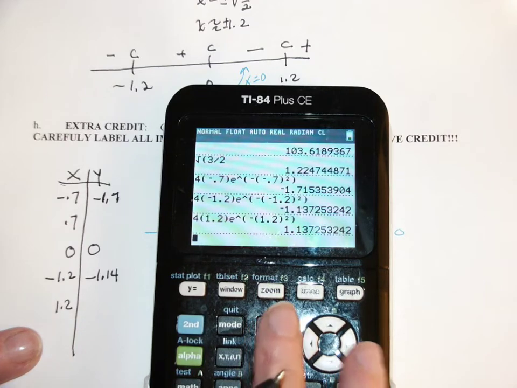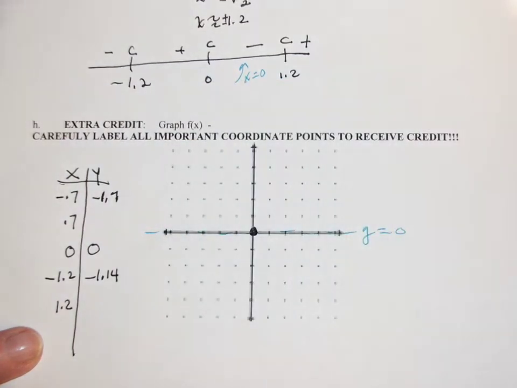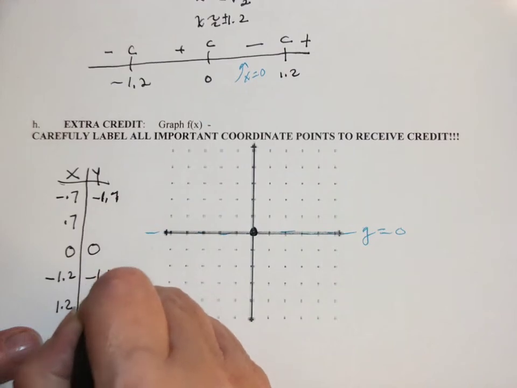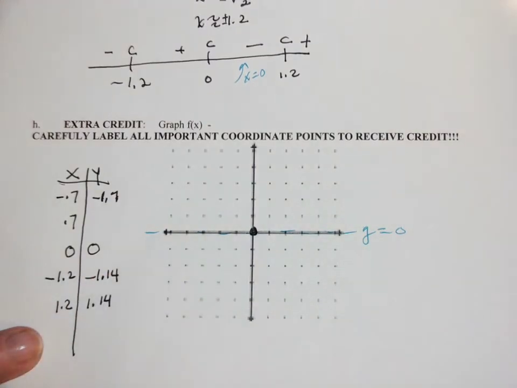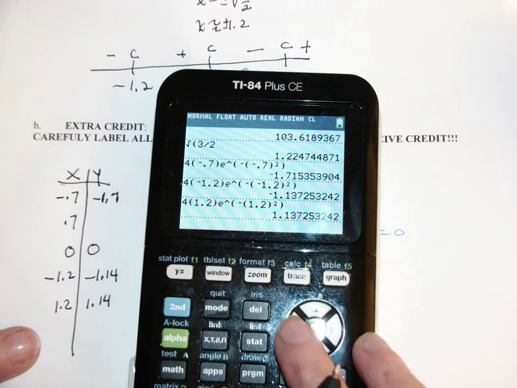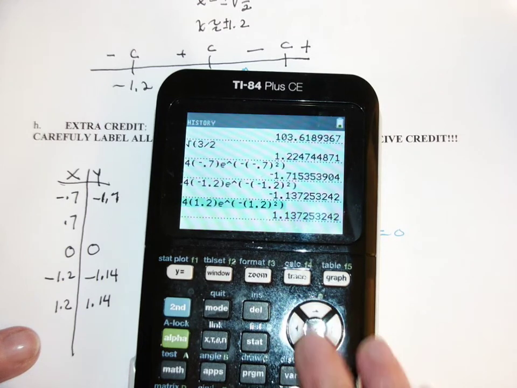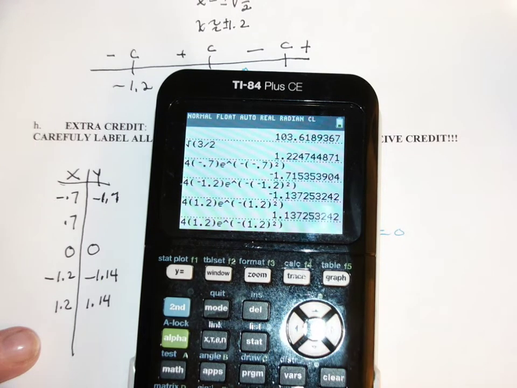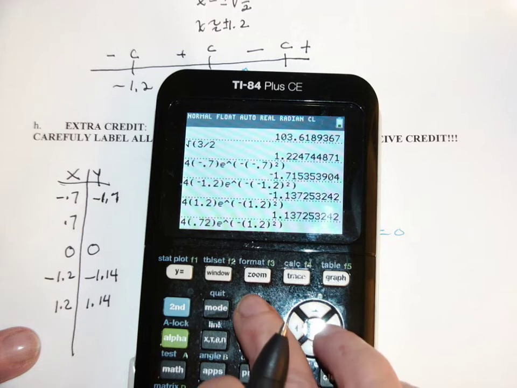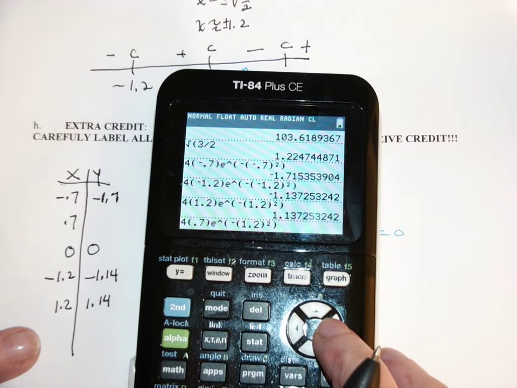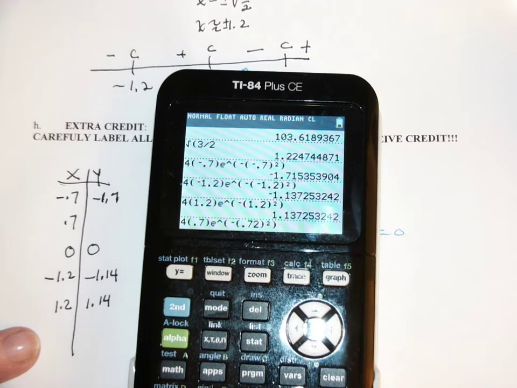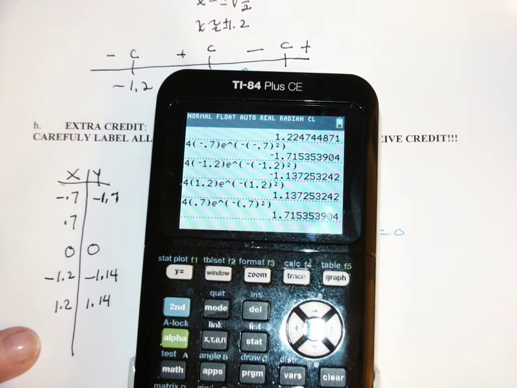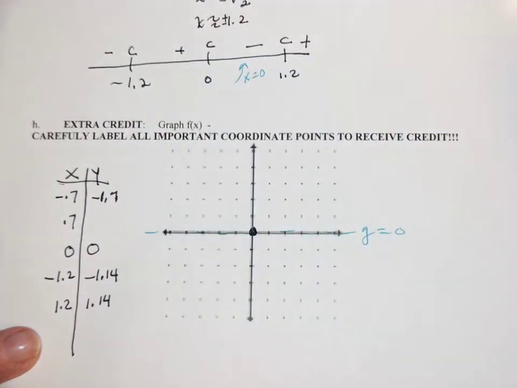And I got a positive 1.14. And then a 0.7, and it's 1.7.